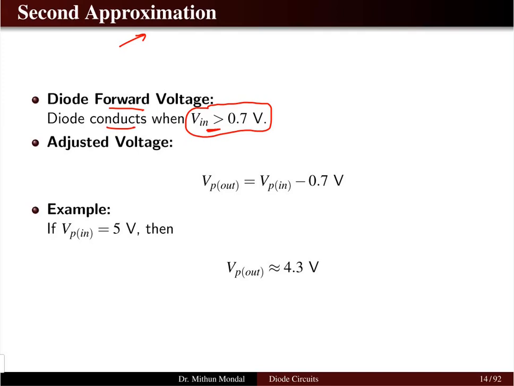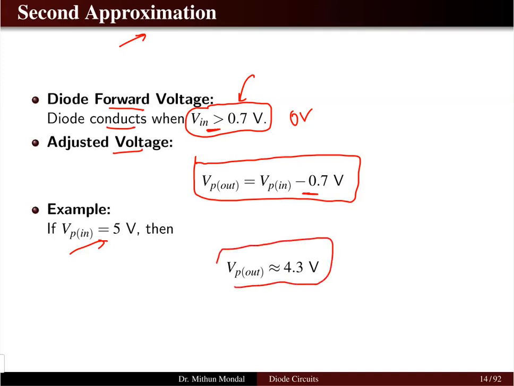In the ideal state this will be 0 volt, but in the practical state we take 0.7 volt. So by the second approximation method, the output voltage maximum is equal to the input voltage maximum minus 0.7, which is not required in the case of the ideal diode. If the input voltage is 5 volt, the output will not be 5 volt but 0.7 volt less, which is 4.3 volt.